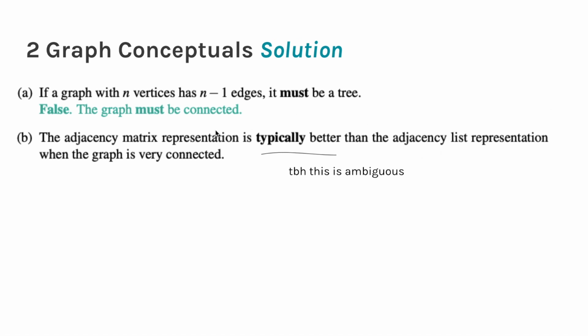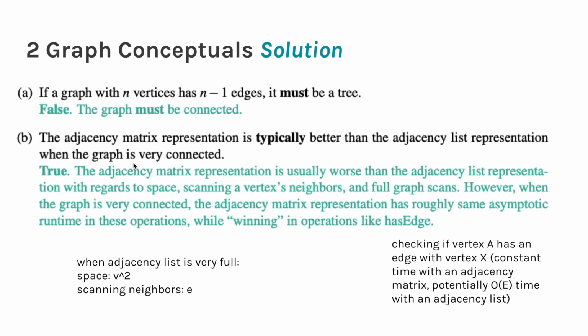If the graph is super connected, between any 2 nodes we likely have an edge. In this case, the adjacency matrix can in fact be better, because typically it's worse: space is v squared, and scanning a vertex's neighbors is v, etc. However, if the graph is super connected, the adjacency list representation will also be roughly v squared because we'll have roughly v squared edges.